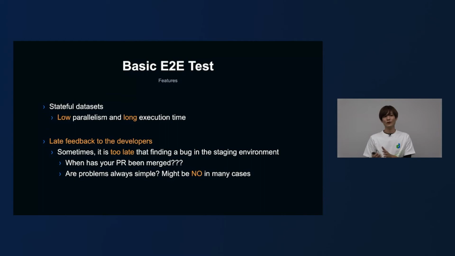But if it takes some time before merge, or multiple pull requests are making changes to the same file or the same functions, the story is different. Therefore, it could take longer for complicated changes, resulting in the late feedback.